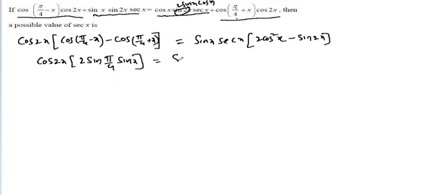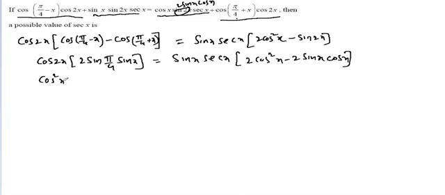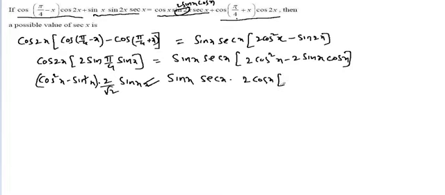That is equal to sin x into secant x into 2 cos square x minus sin 2x, which is 2 sin x into cos x. So this is sin pi by 4, sin pi by 4 is 1 by root 2. Cos 2x is written as cos square x minus sin square x into 2 into sin pi by 4, that is 2 by root 2 into sin x, is equal to sin x into secant x into 2 cos x common, that is cos x minus sin x.